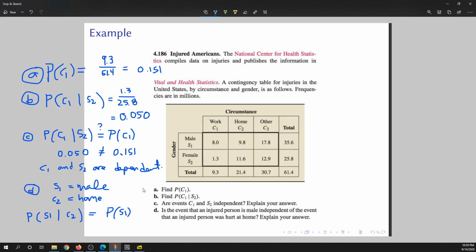Let's take a look at these probabilities. Probability of S1: S1 is male, and so we would look all the way over here. That's 35.6 over 61.4. That comes out to be 0.58.